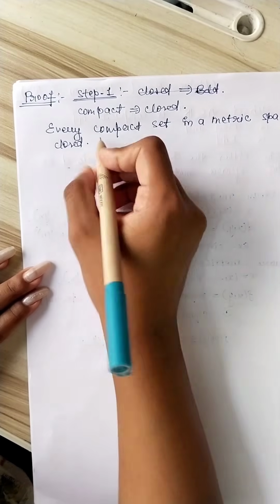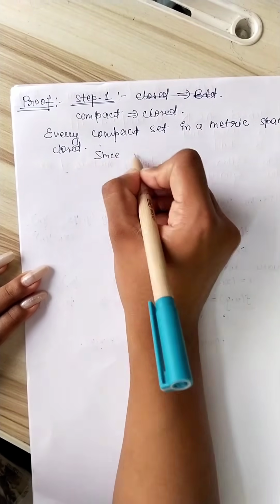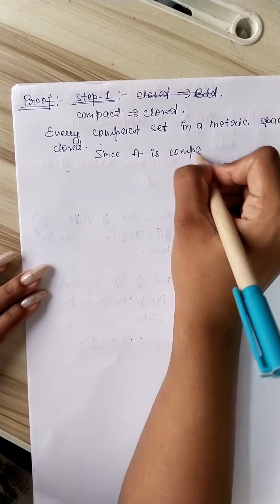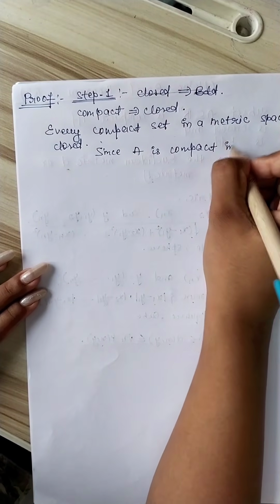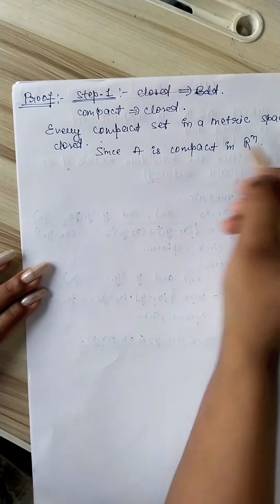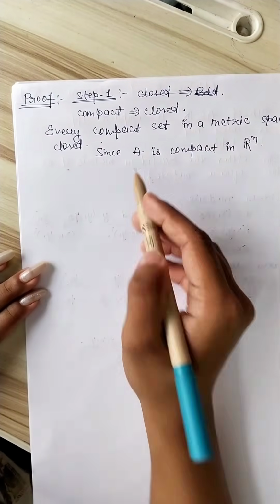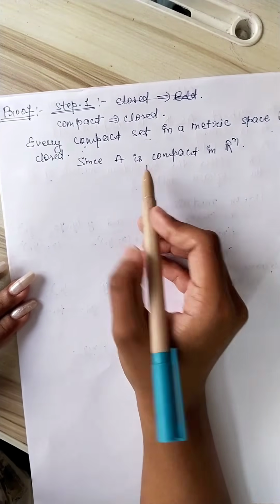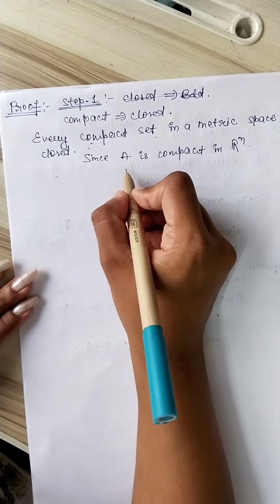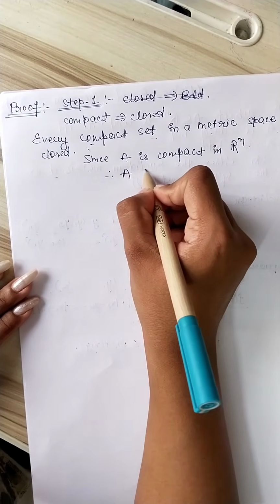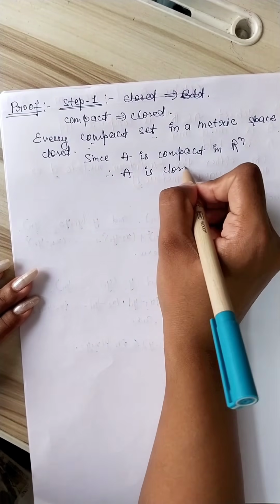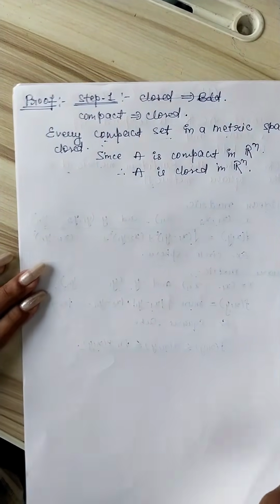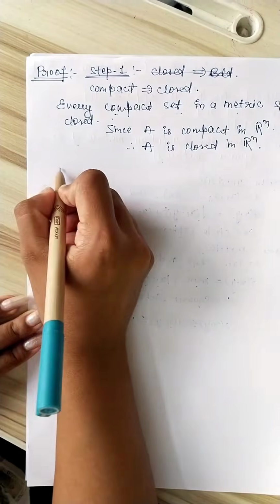Since A is compact in Rn, by the result that every compact set in a metric space is closed, A must be closed. Therefore, A is closed in Rn.